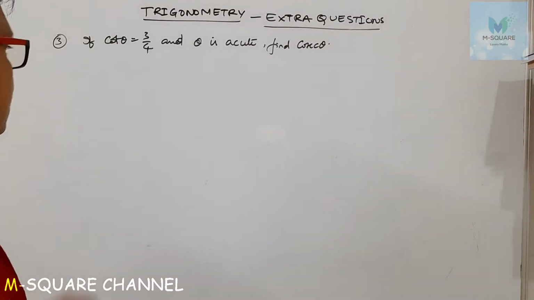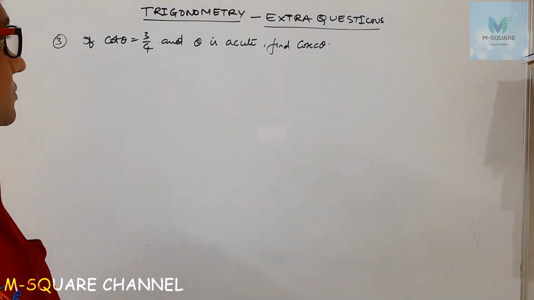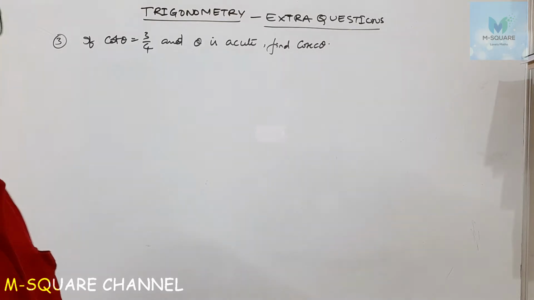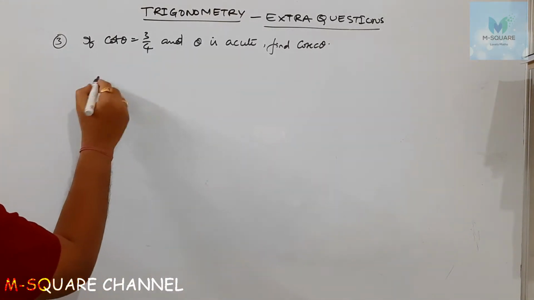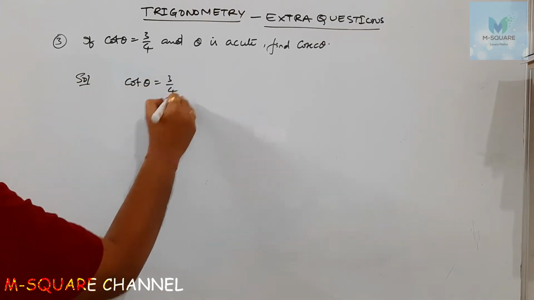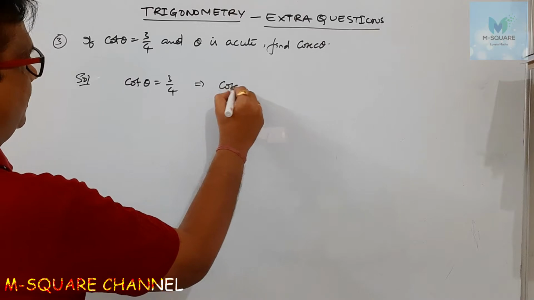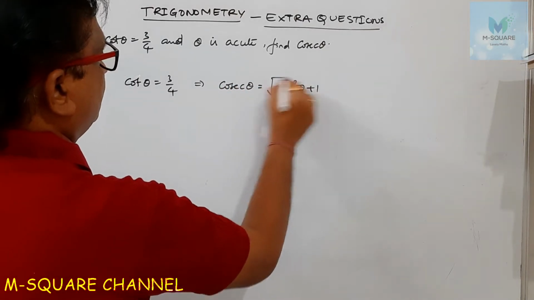In this question, if cot theta equal to 3 by 4 and theta is acute, find cosecant theta. So you know that a direct relation is there. Given cot theta equal to 3 by 4, so cosecant theta equal to root of cot square theta plus 1.